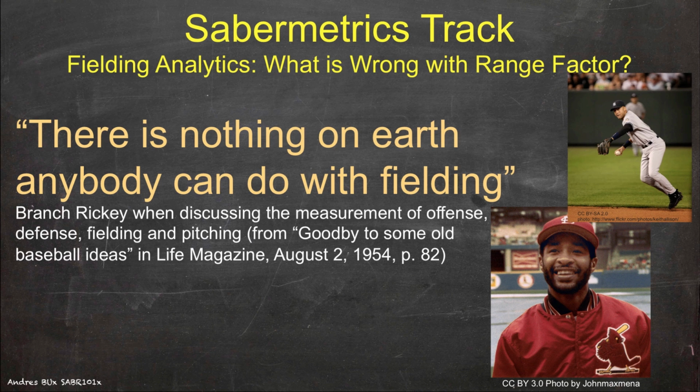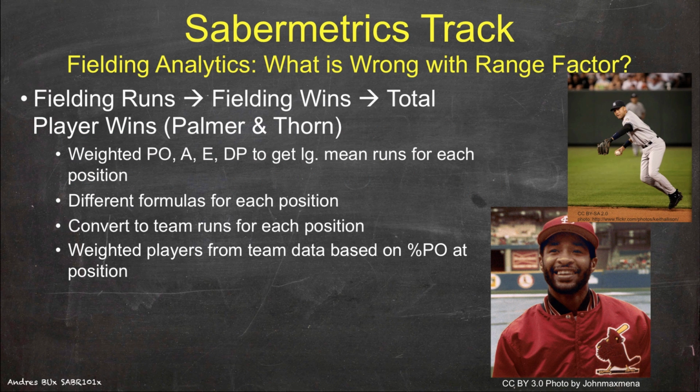He understood the place of fielding in the game and winning and losing, but just recognizing the frustration of trying to use fielding percentage or error rates as some kind of measure of fielding. The whole point of sharing Branch Rickey's quote here is to emphasize again the revolution that Thorn and Palmer actually started with their work on fielding runs.